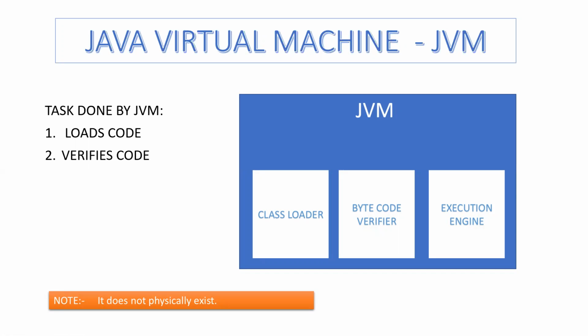If it matches, then the third thing that happens is it executes the code. When the class code and your bytecode are verified, you get that okay, it is true, and then the execution takes place. Now your program will run and you'll get the result on your screen.